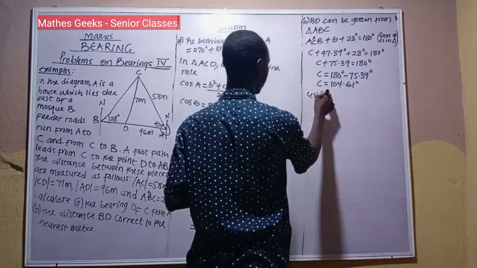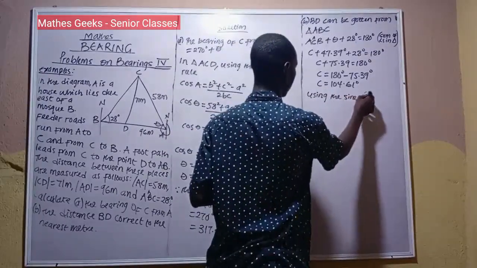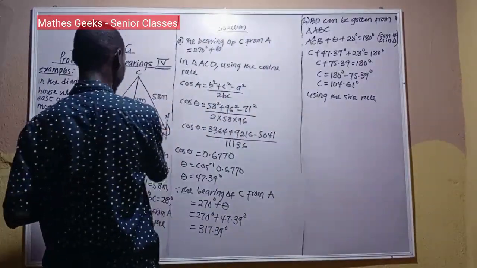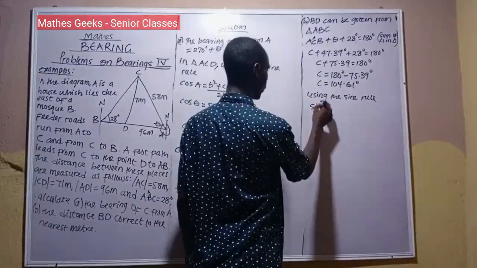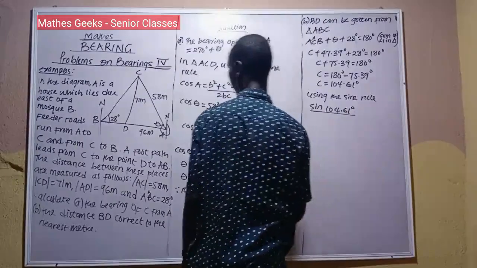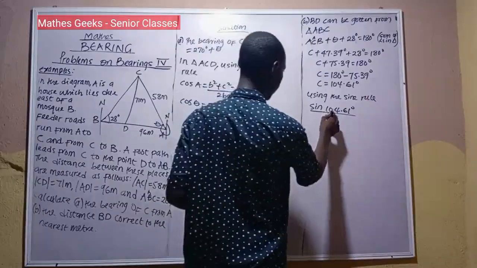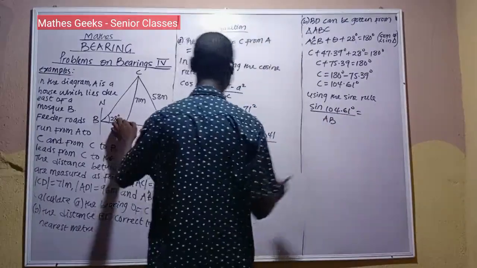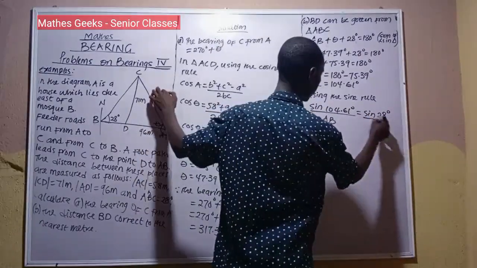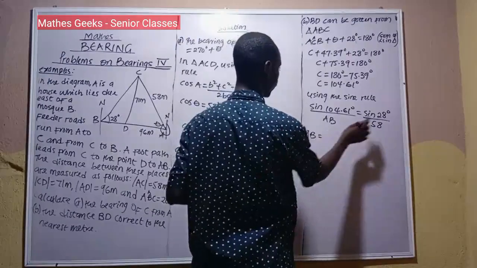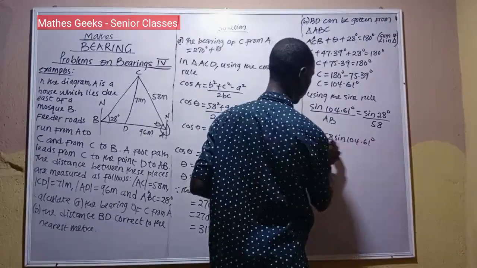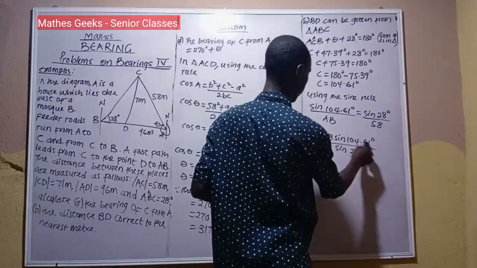Now using the sine rule, in order to get the distance AB, sine 104.61 degrees over AB is equal to sine 28 degrees over 58. So AB is equal to 58 sine 104.61 degrees over sine 28 degrees.